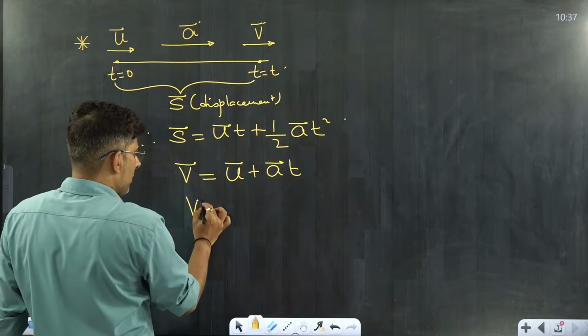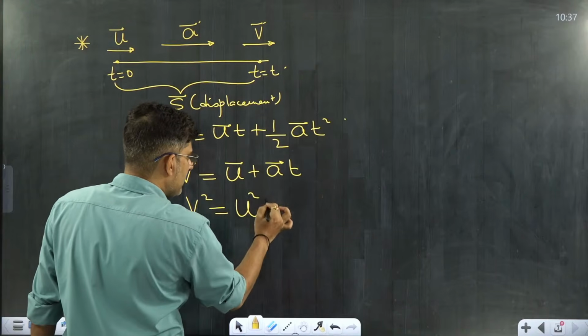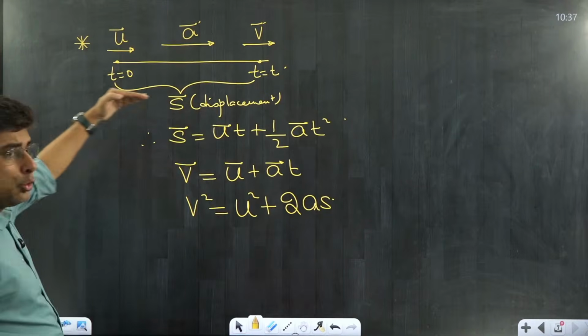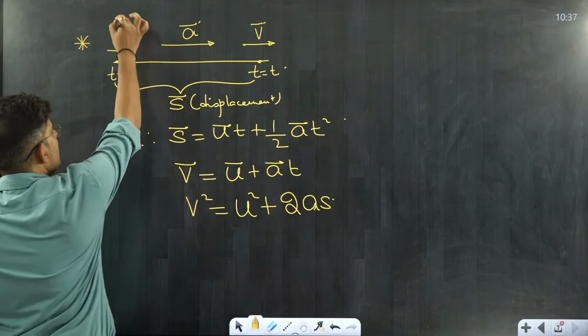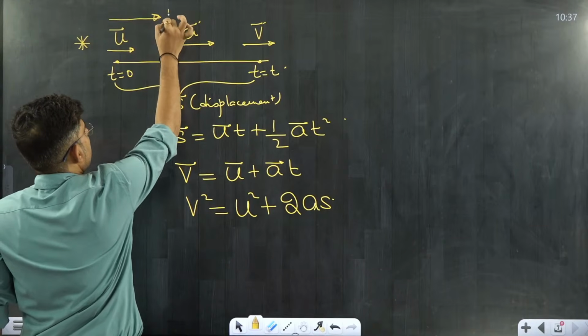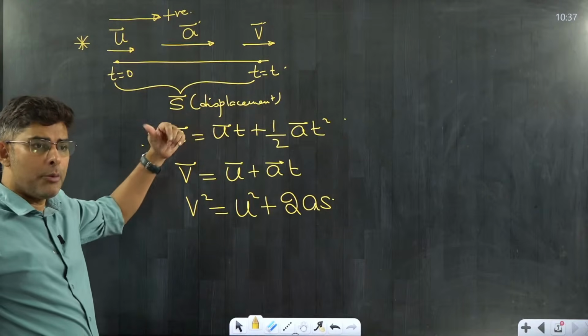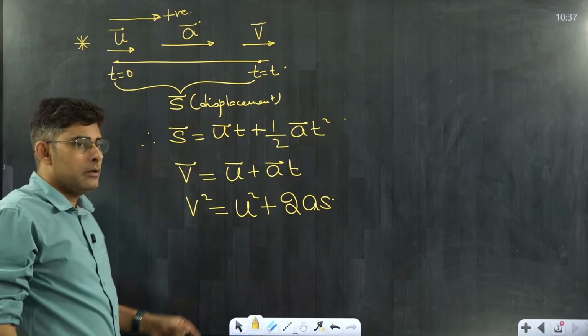And one more formula you have heard of, v squared is equal to u squared plus 2as. When we do such questions, you take the initial direction of motion as positive. Terms in that direction you take plus, and those in the opposite direction you take minus.